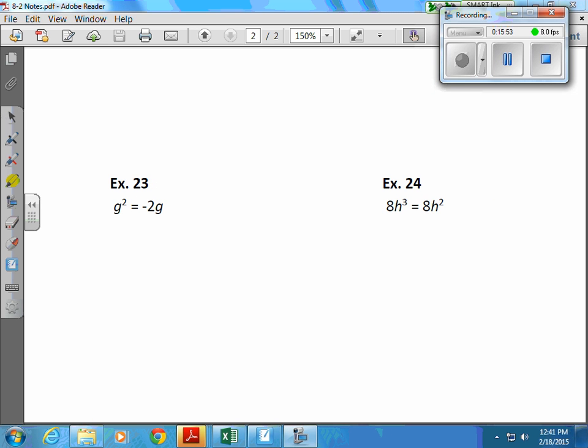So here's where that leads us. If we get everything to one side and set it equal to 0, we add 2g to both sides, we get g squared plus 2g. Those cancel, and that's equal to 0. Now, if we use our factoring skills, we factor g out, because that's what they both have in common.